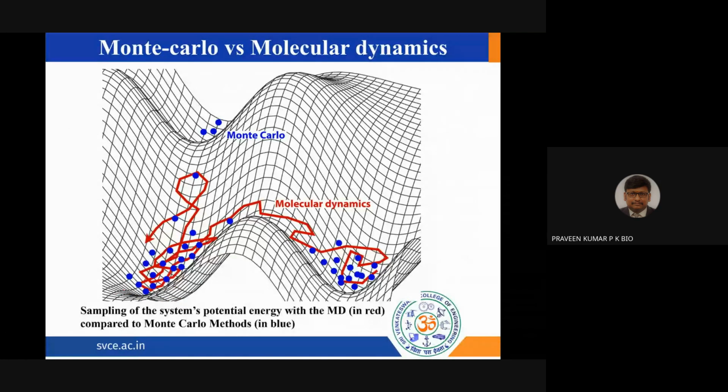Now, if you take Monte Carlo versus molecular dynamics, you can see here the amino acids of a protein on the surface are present randomly. The structure of a protein depends on the folding kinetics.